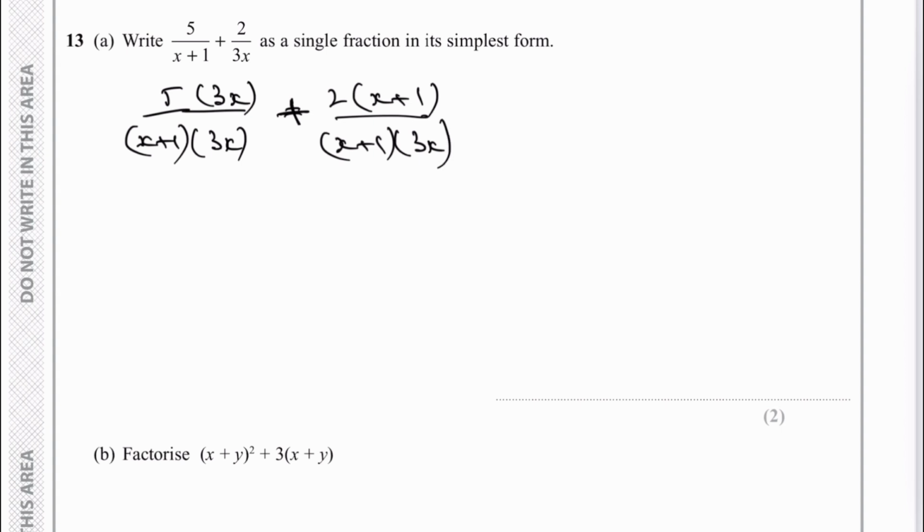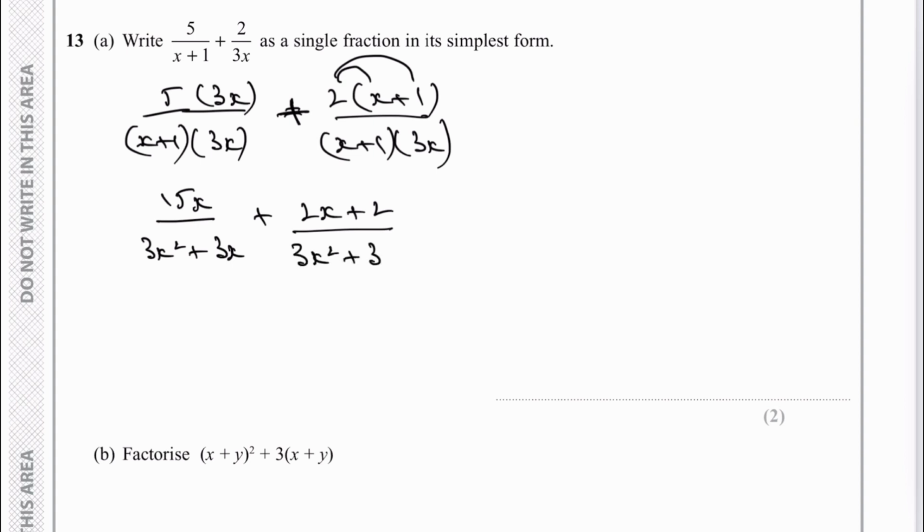And then really it's just a case of making that look a little bit tidier. So if we look at the first fraction, I'm going to get 15x, and I'm going to divide that by 3x squared plus 3x, and then I'm going to add that to 2x plus 2, because I've got to multiply out each of the terms, and that's again divided by 3x squared plus 3x.